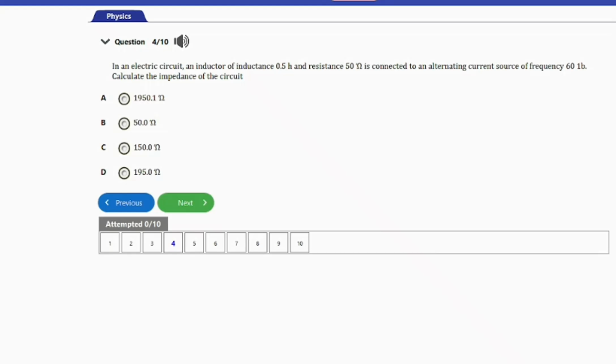So guys, the impedance here is Z, and Z is equal to the square root of R squared plus X squared, so actually XL squared. In this case, R squared is the square of the resistance, which is 50 here. Then X squared is the square of the reactance, so that's the inductive reactance here, XL. We are going to have the inductive reactance with the formula 2 pi FL.